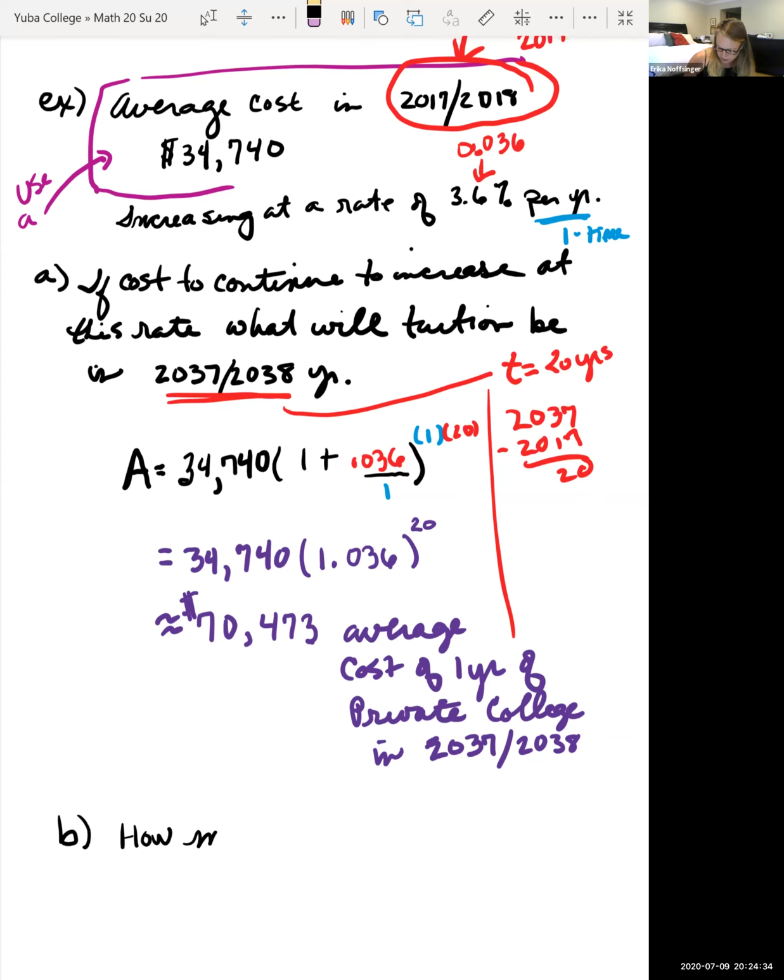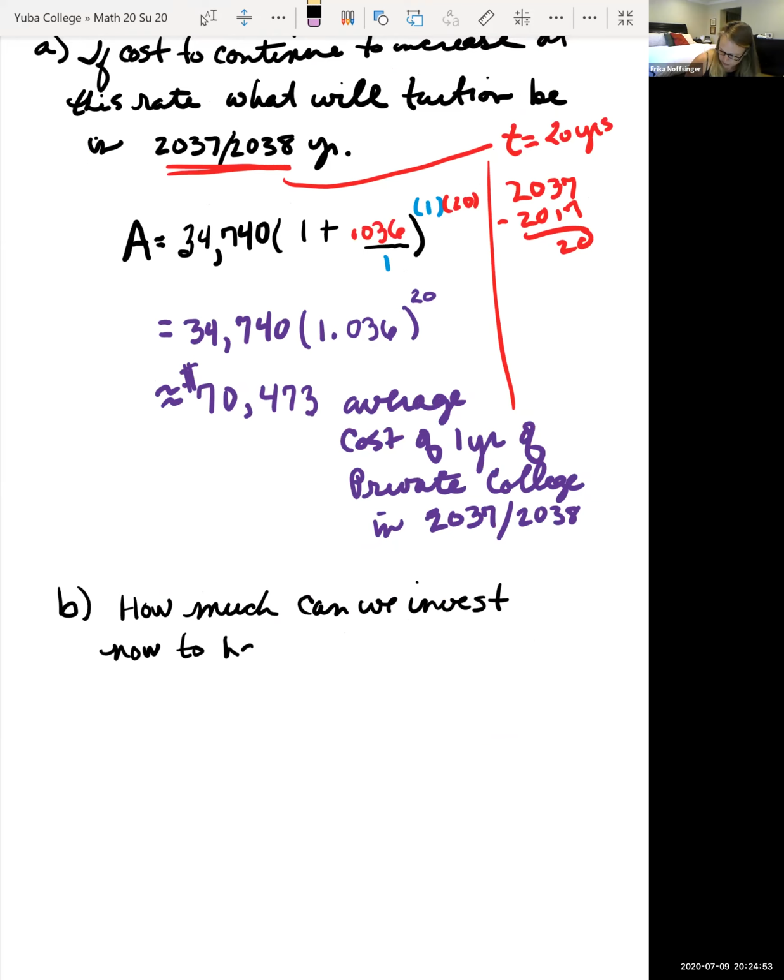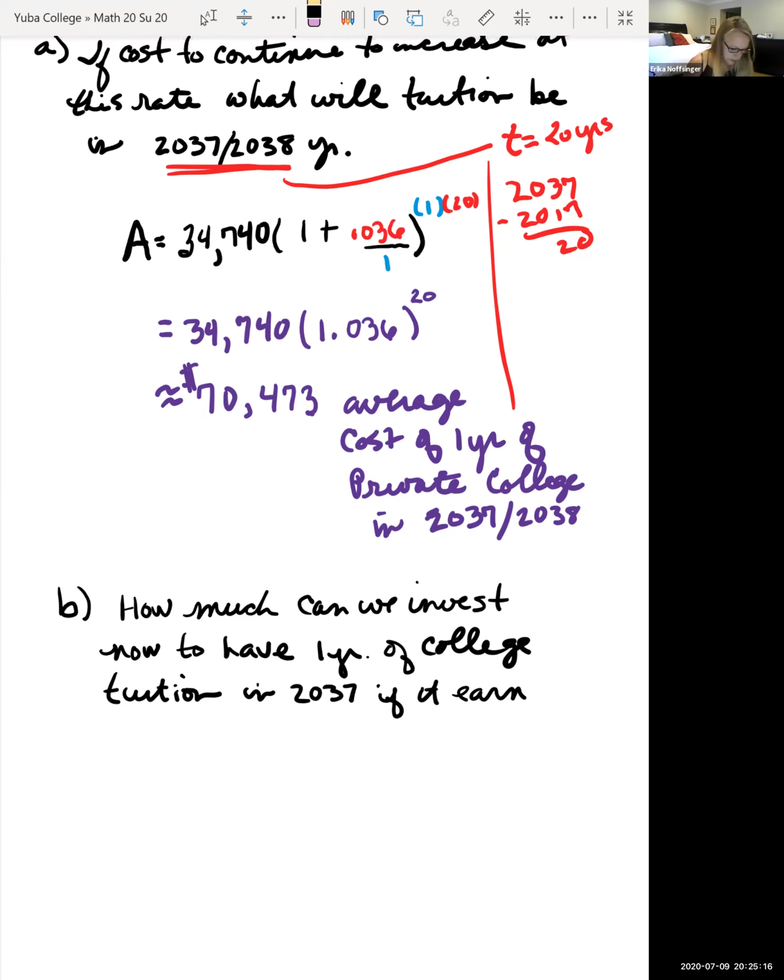So how much can we invest now to have 1 year of college tuition in 2037, if it earns 2% compounded continuously.